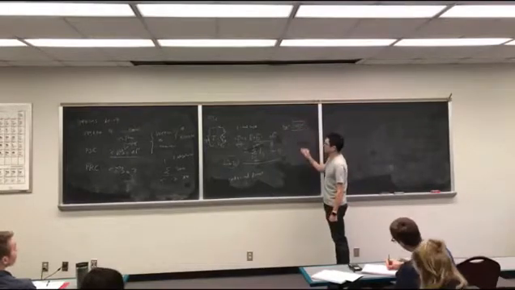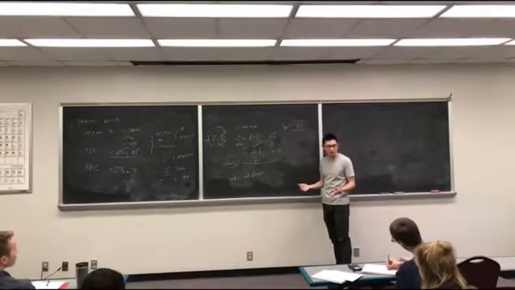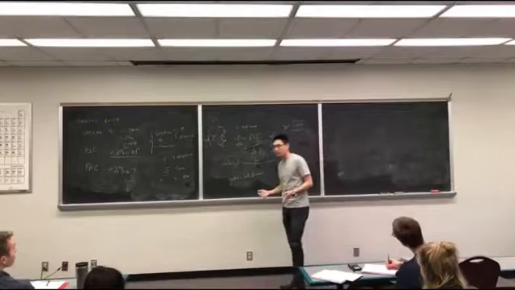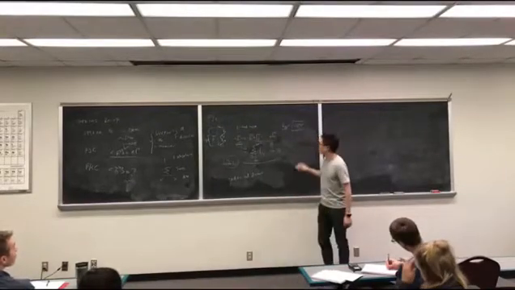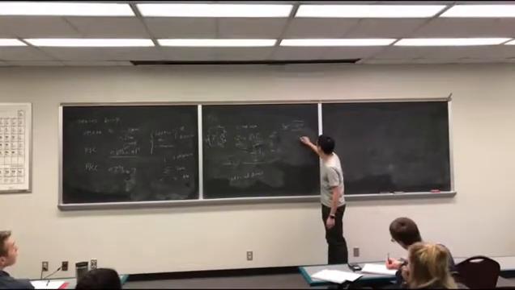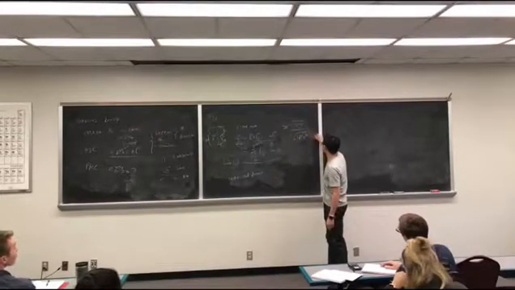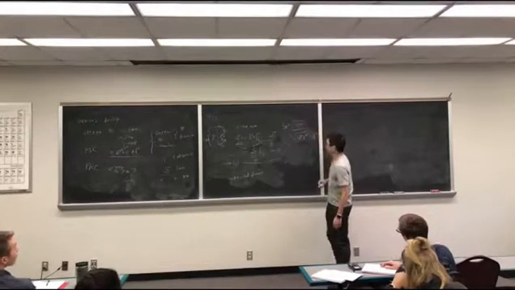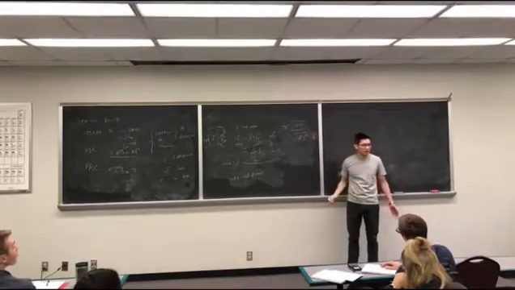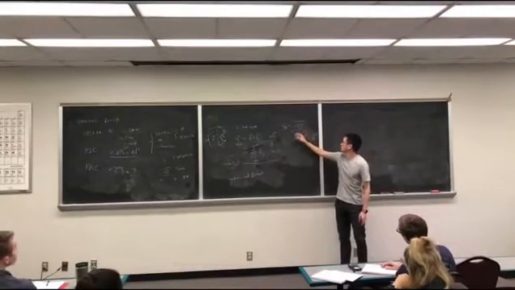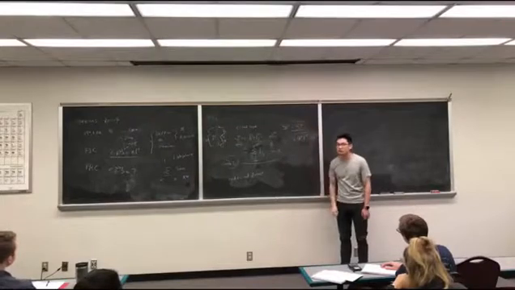Because if you multiply H by itself, H squared is going to be equal to the absolute value of H squared, and take the root of it, it will be this. Okay, that's the reason we can do this transformation.